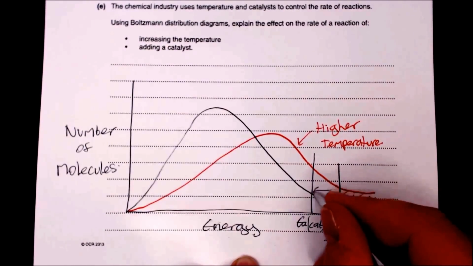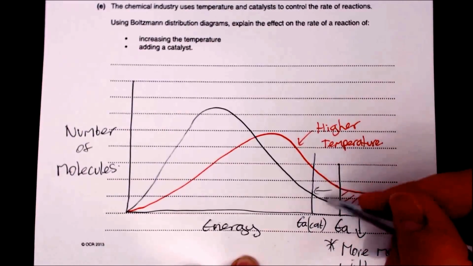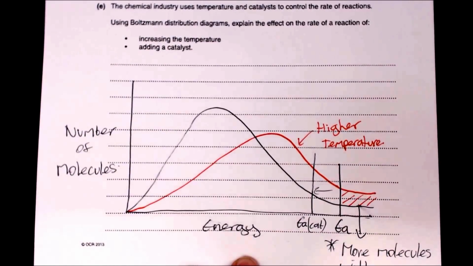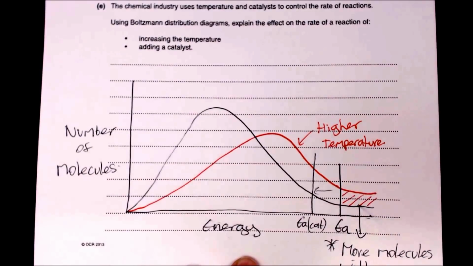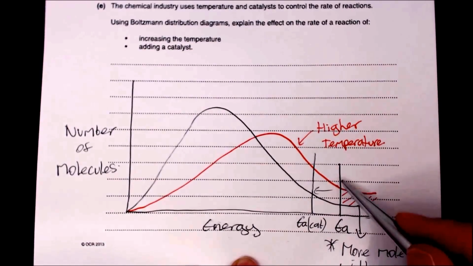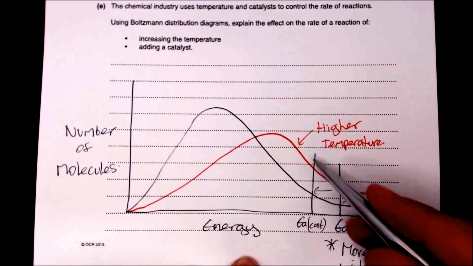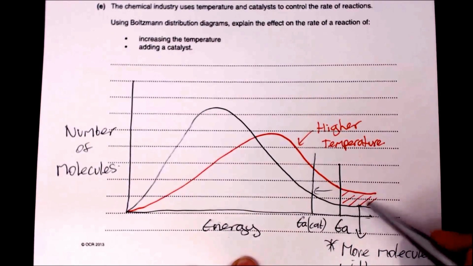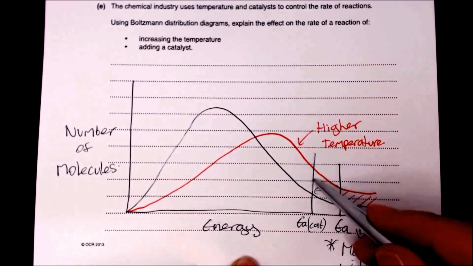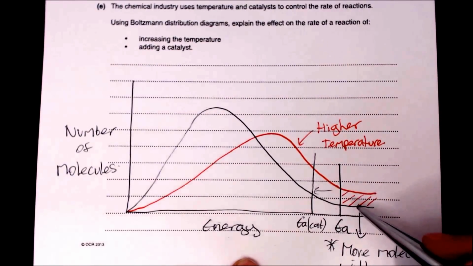So what's happened is effectively we've now got many more molecules that have enough energy to have a successful collision, because the catalyst reduces the activation energy. You can see that it's been shifted to the left. So the total area underneath the graph beyond the activation energy is now a lot bigger.